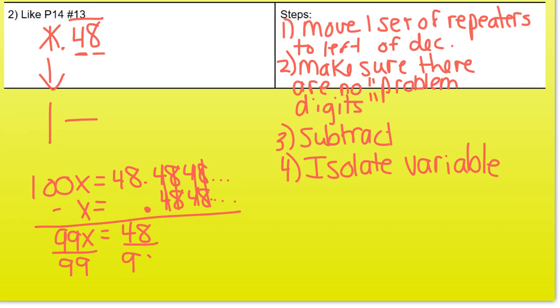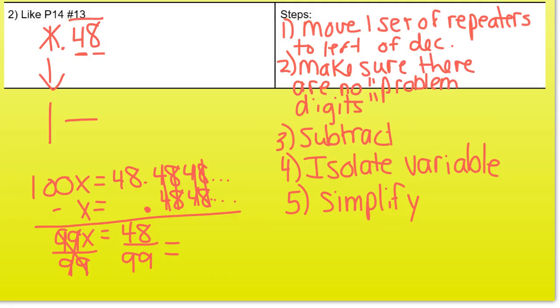And divide both sides by 99. Then I'm going to simplify. That is going to be, hold please, 14 over 99. Nope, cannot be.